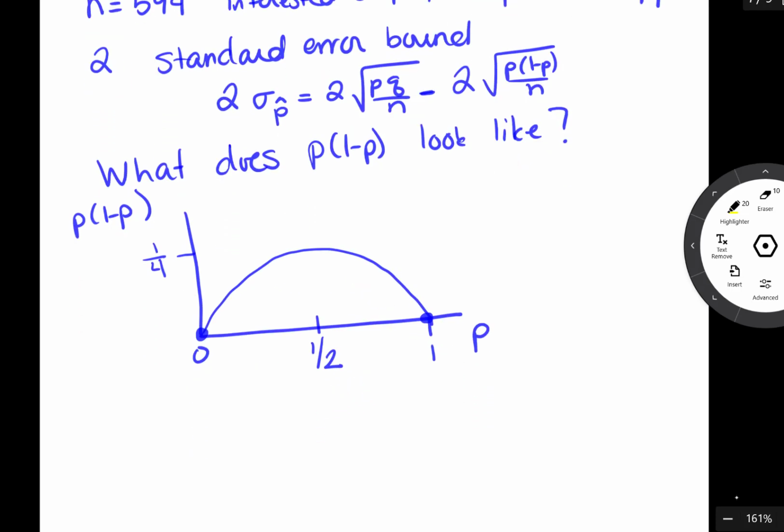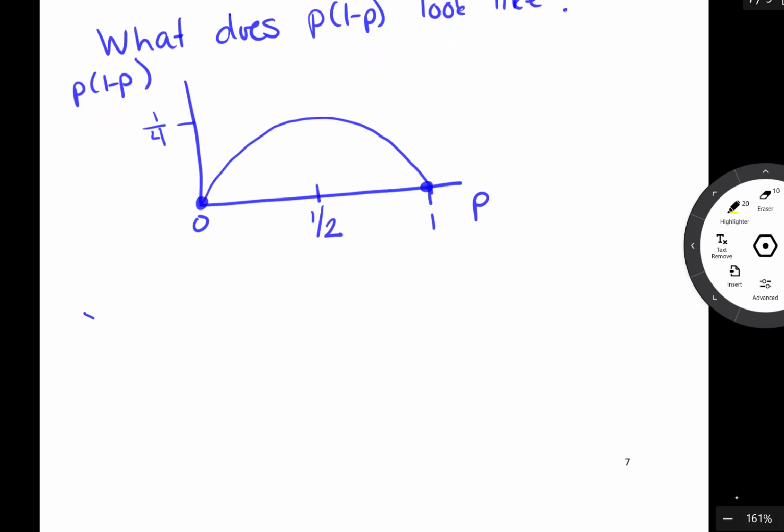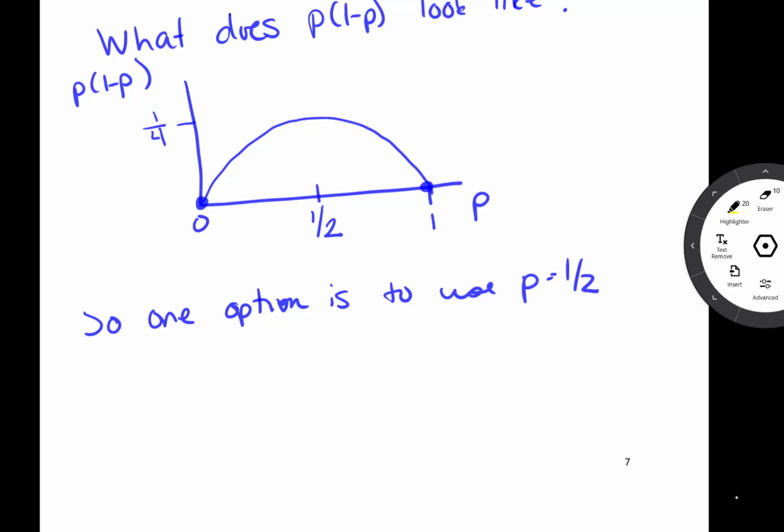So if we have to estimate p to get the 2 standard error bound, one option is to use p equals a half, because notice at p equals a half we've maximized p times 1 minus p, in other words you're maximizing that variability.